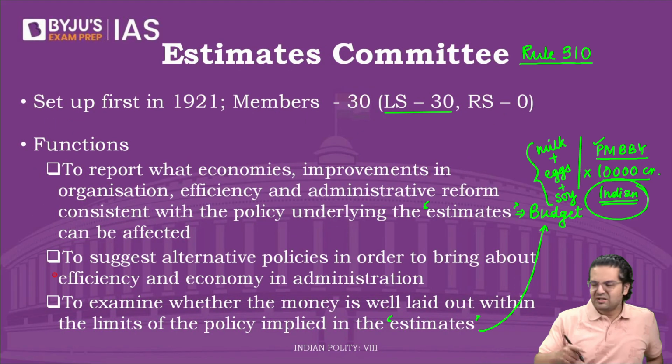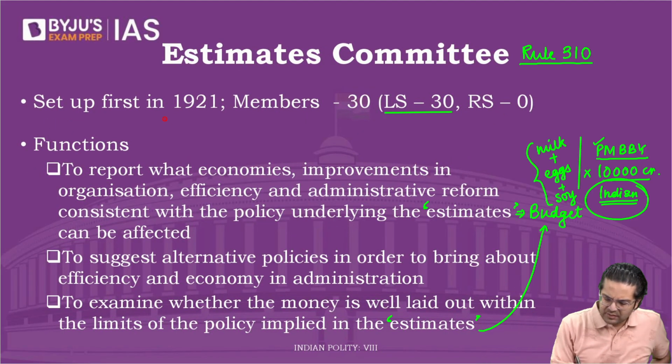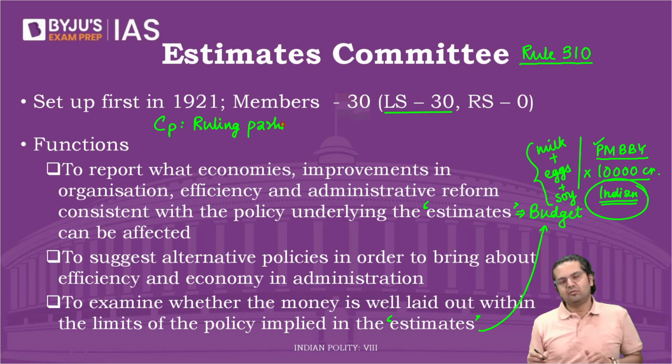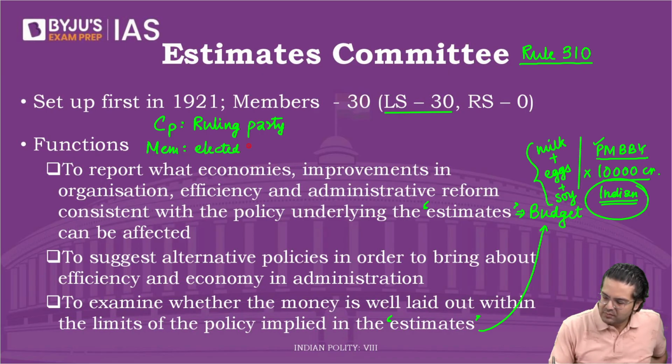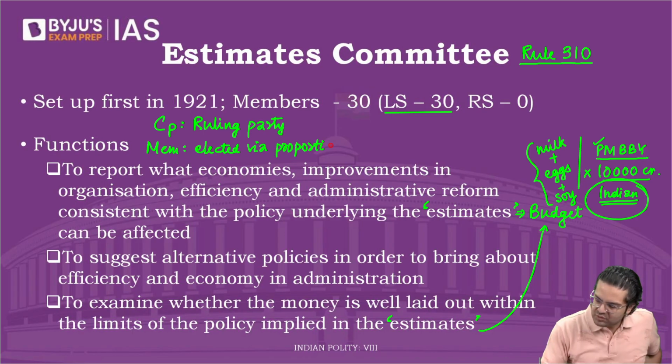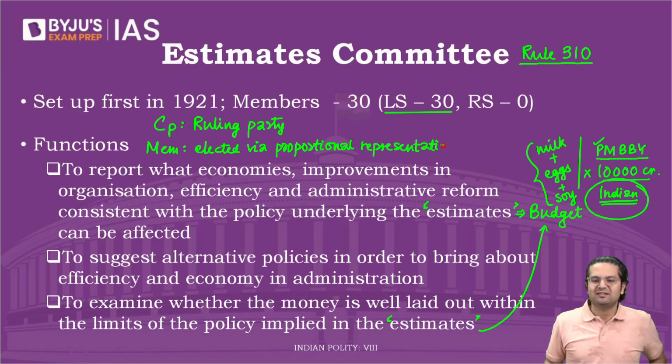Just one point. Though I mentioned this later on, let's still mention it here. The chairperson is from the ruling party. And here also people are elected through proportional representation, meaning every party or almost every big party will have some members in this particular Estimates Committee.